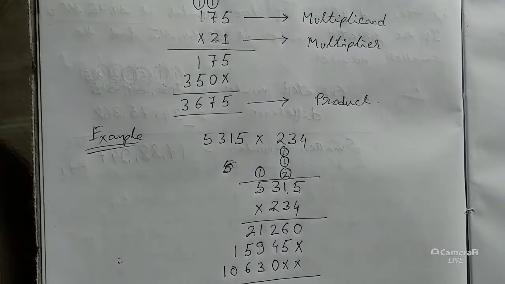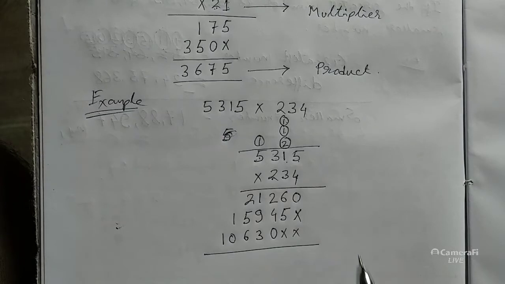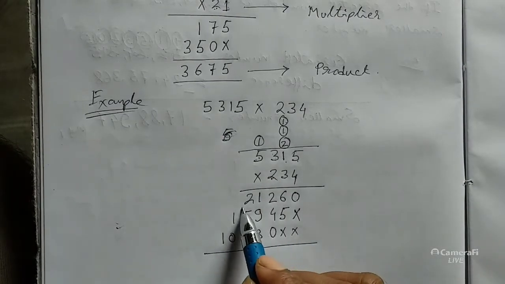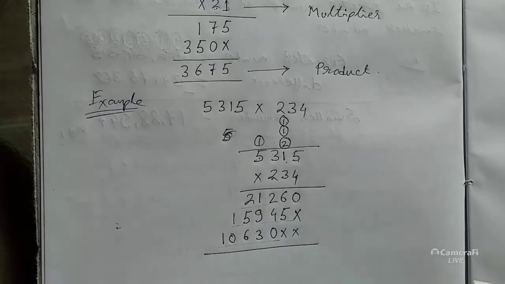Now we have to add all these rows. As the multiplier was of 3 digits, we will get 3 rows of this type.